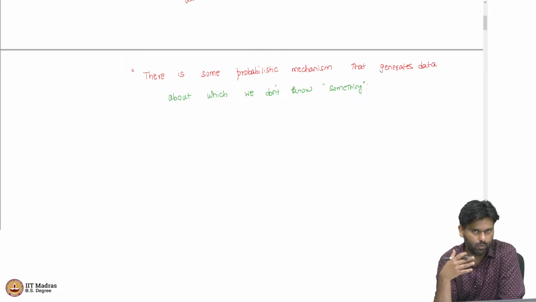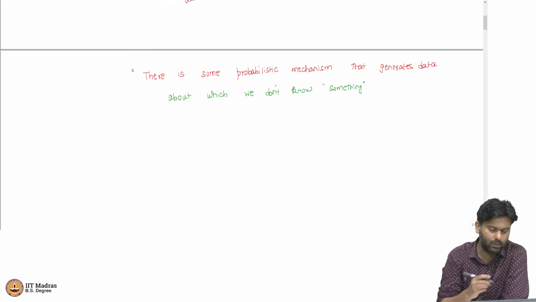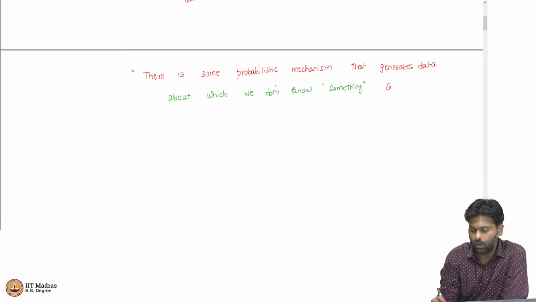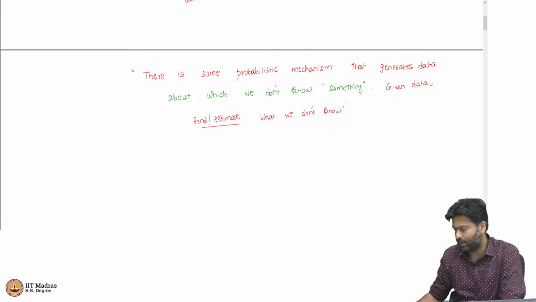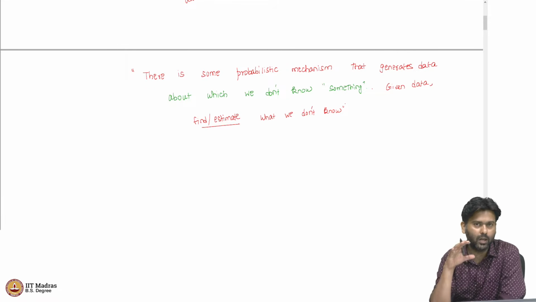There is something that we do not know, and I will make it clear what this something is. And the goal is, given data, find or estimate what we don't know. I am trying to put this in a very high level view of what estimation means, and we will make it more precise as we go along.